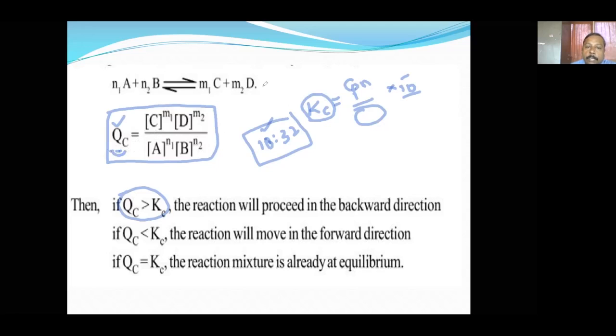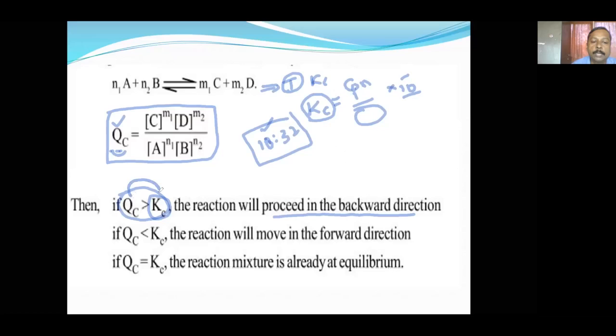And for that particular reaction at that particular temperature, Kc will be fixed. You compare your Qc with the predetermined fixed Kc. If our calculated Qc is greater than Kc, then the reaction will proceed in the backward direction so that it can attain equilibrium. The most stable state of any reaction is the equilibrium. So everybody wants to be stable, and this also wants to be stable.